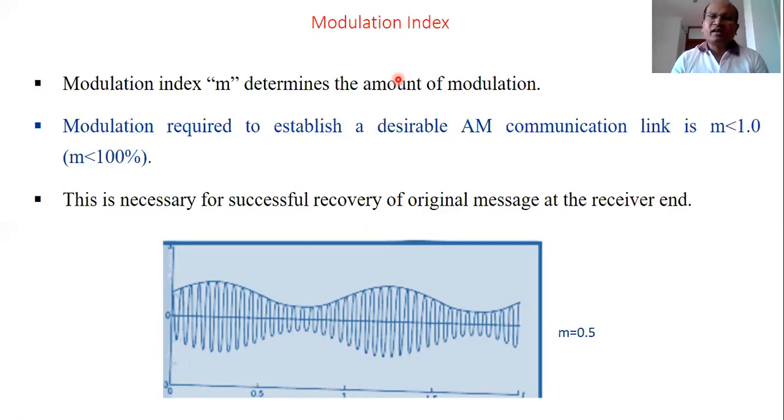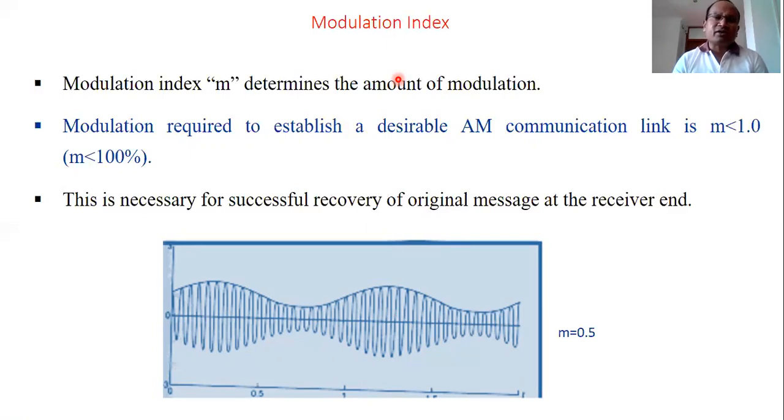So modulation is required to establish an AM communication link. Generally, the modulation index is less than 1, means it is generally less than 100%. It is desirable to have a modulation index lesser than 1, because if it is more than 1, it is called over-modulation.